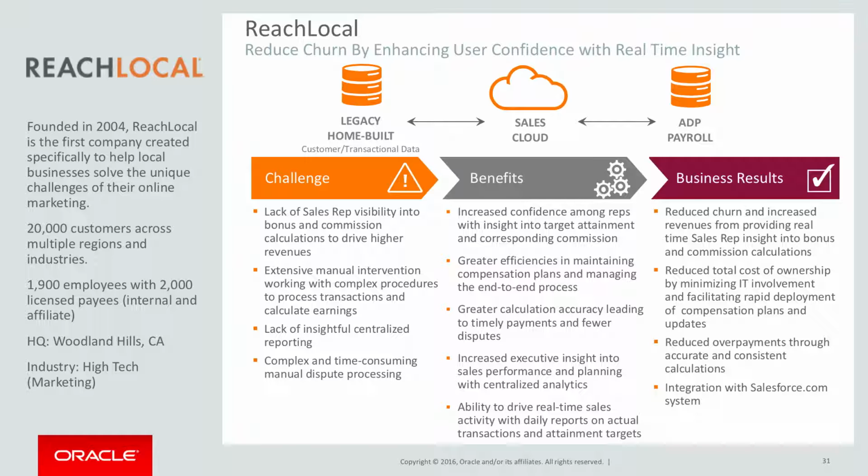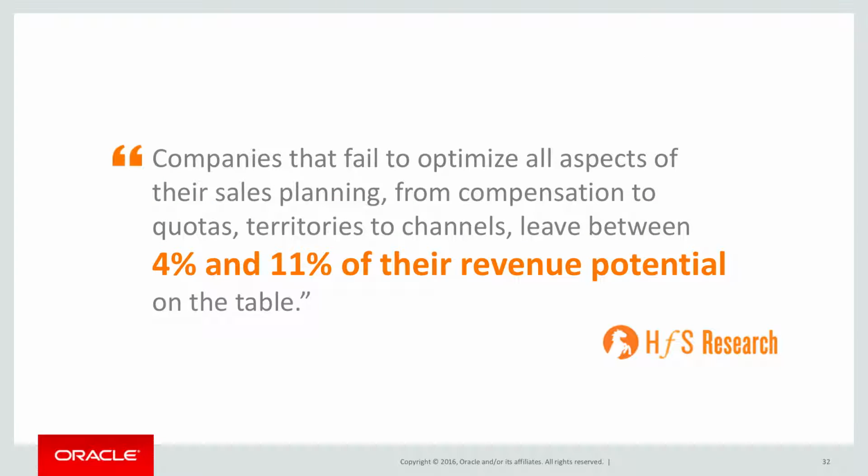By bringing these all together, I wind up getting higher performance across the board, across all levels of my sales team. And that can be very powerful stuff. As we look going forward, we see that companies that don't think about aligning around all three areas of territories, incentives, and coaching, those that fail to optimize this, leave potential revenue behind of 4 to 11% on the table.